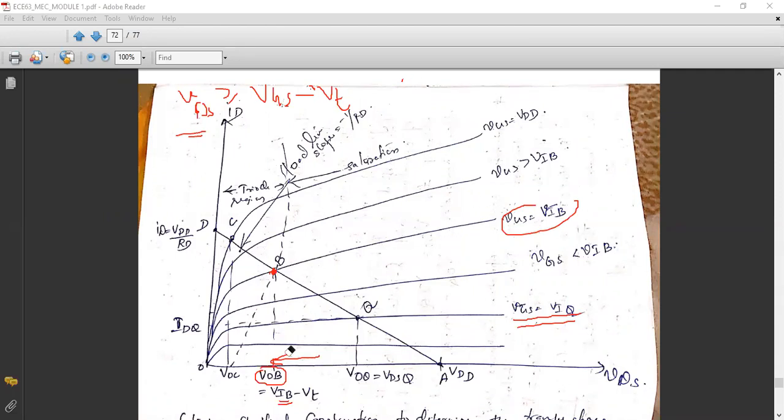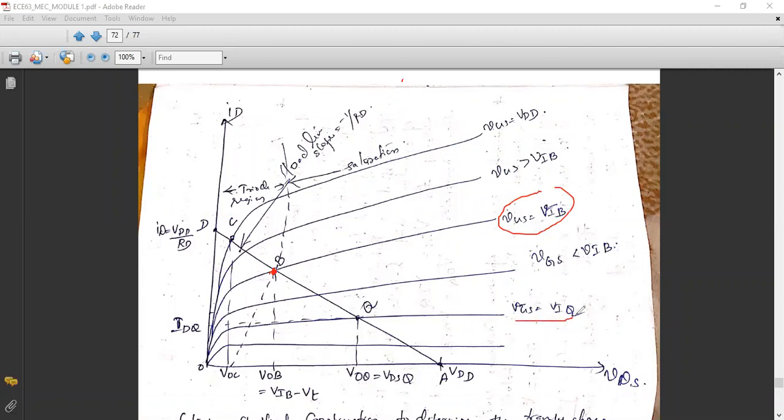Clear, students? I'm trying to fix a few points like A, B, C, Q, etc., in which the DC load line is coinciding with your curves. So as here in this curve, VGS is denoted as VIB. This point I have called B.